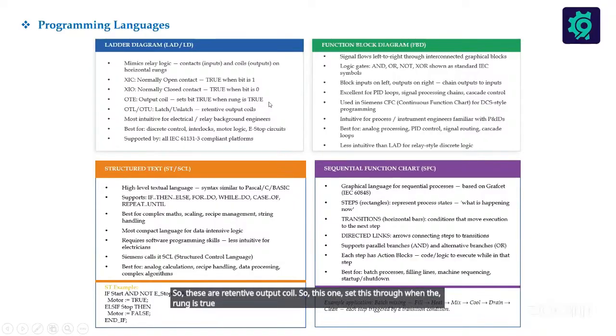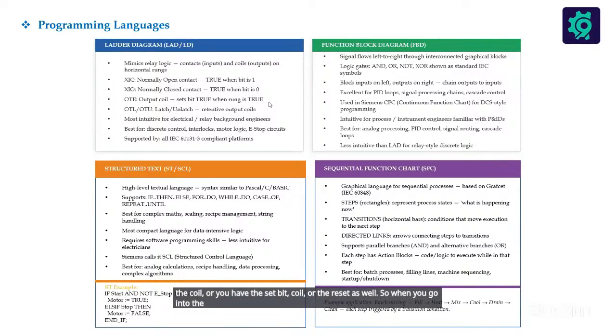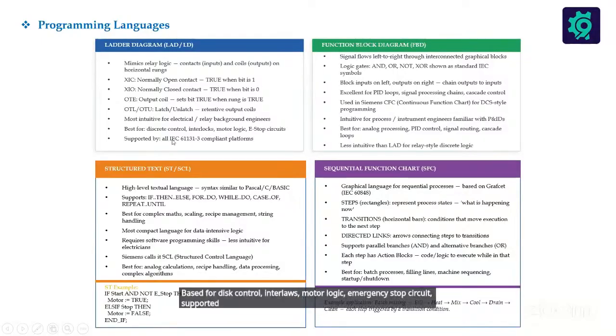In the case of Siemens, you will have the coil, or the set bit coil, or the reset as well. So when you go into the programming environment, you get to see this well. This ladder diagram is most intuitive for electrical/relay background engineers, best for discrete control, interlocks, motor logic, emergency stop circuits, supported by all IEC 61131 compliant platforms.